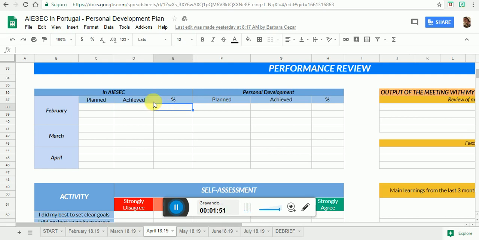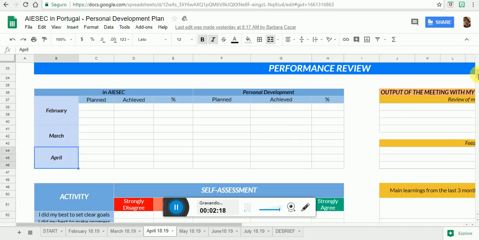So AIESEC and personal development, we will always see the percentage here, and then they can see which points they have to improve to get better every time. So this is the February, March, and April.